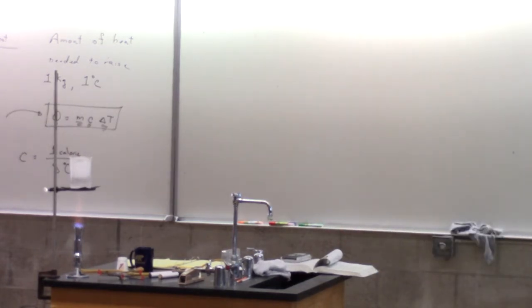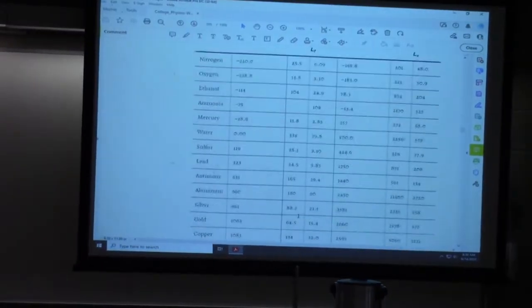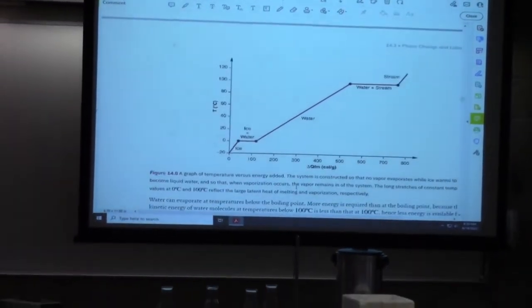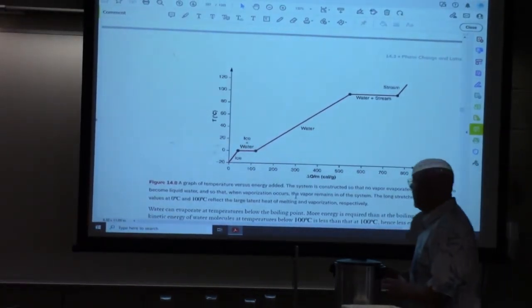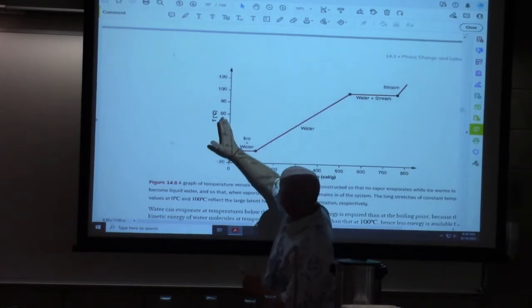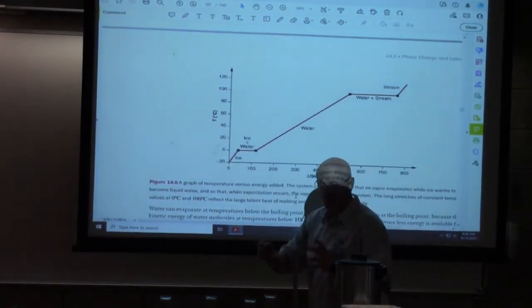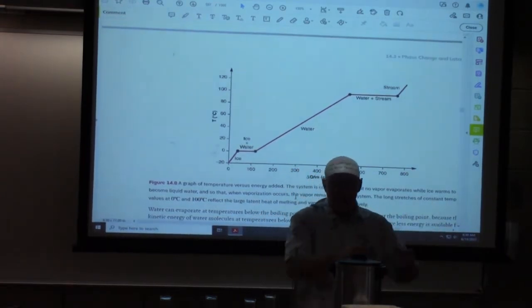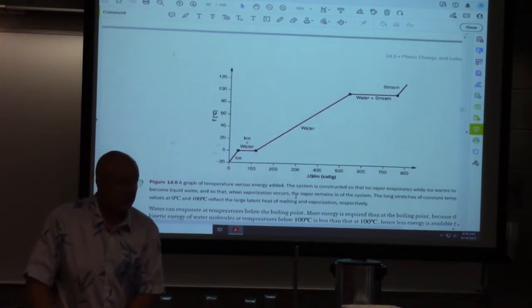I think your author does it better in this graph picture, which is if we were to put a thermometer in here, this is what we would see. If we plot the temperature on the vertical axis, and on the horizontal axis, the amount of energy we are giving our ice.